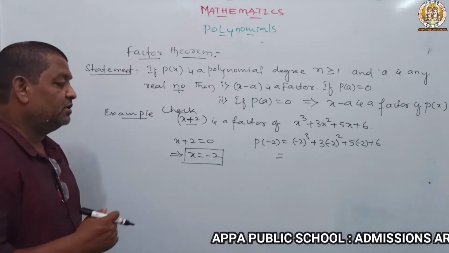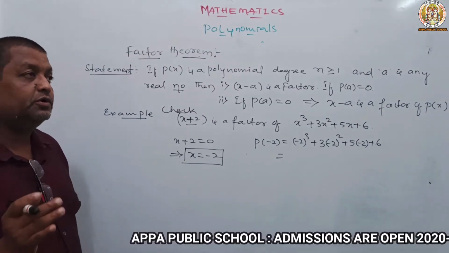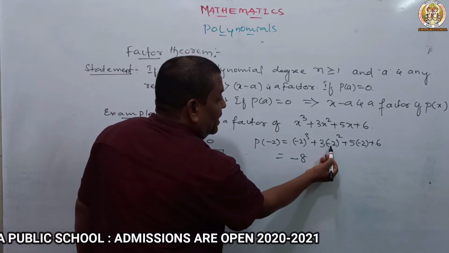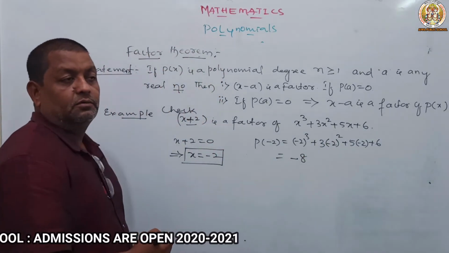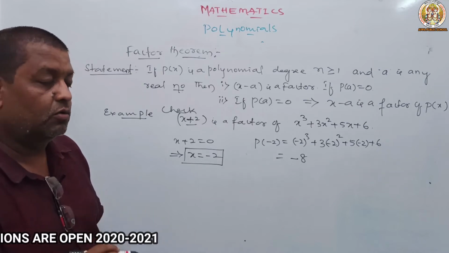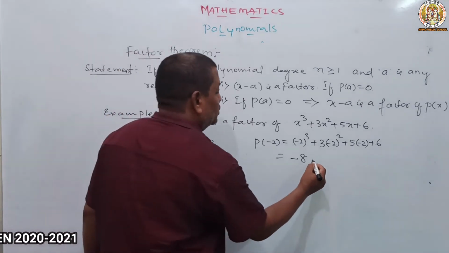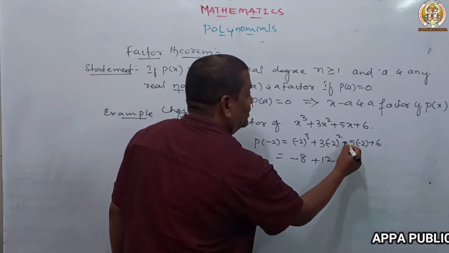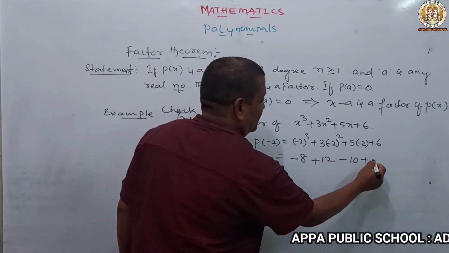Minus 2 cube is minus 2 into minus 2 into minus 2, minus 8. Minus 2 whole square is 4. 4 threes, 12. 5 twos, 10, plus into minus, minus 10, plus 6.